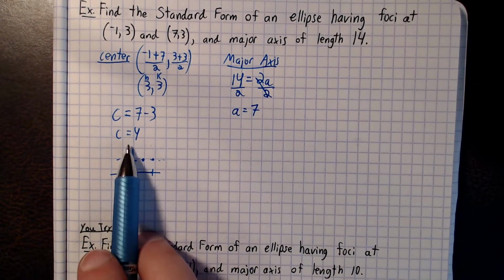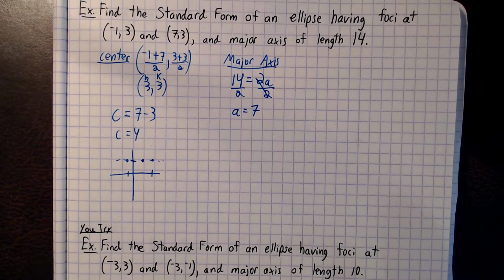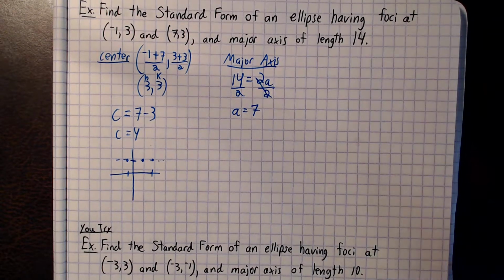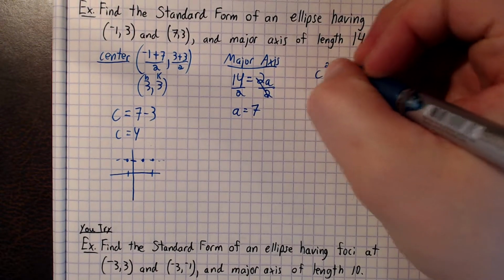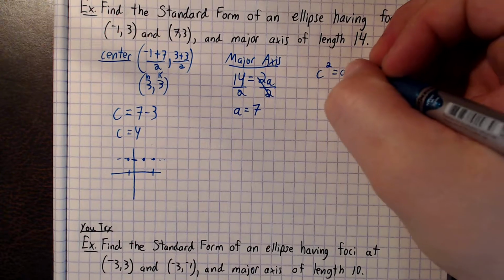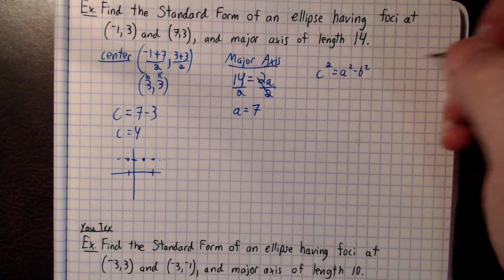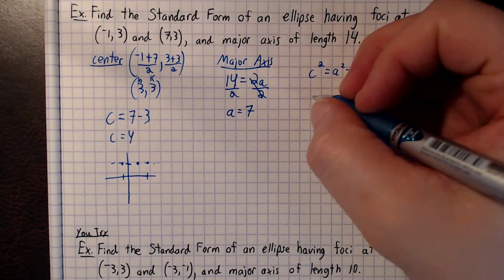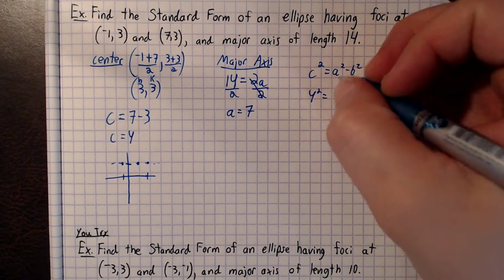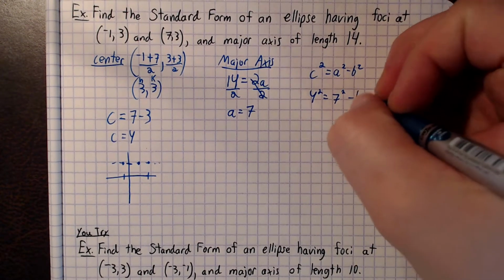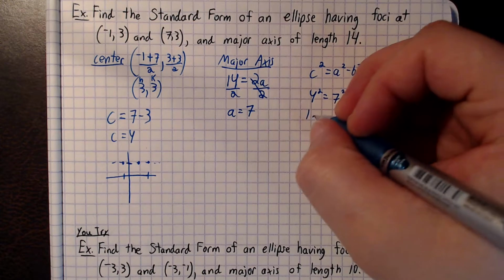Now we have c, we have a. The only thing left to find is b. Well, remember this formula: c squared equals a squared minus b squared. We know c, we know a, and we're going to solve for b.